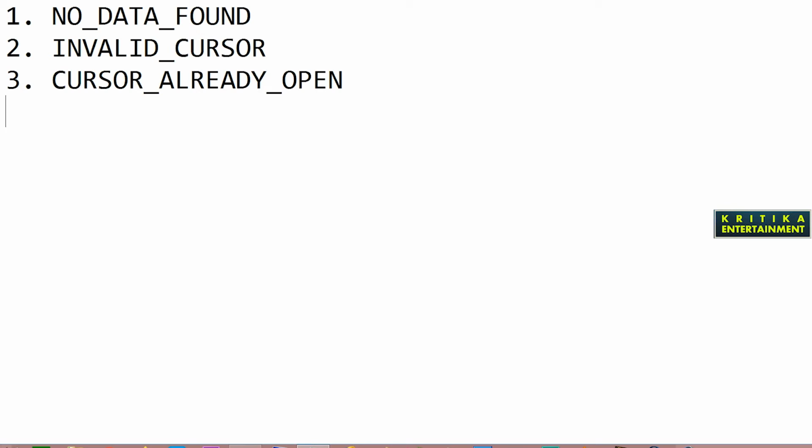Then after two lines, if you write open C1 again, at that time one exception will be generated, which is called cursor already open. To handle this exception, you can use this predefined, system defined exception. Then fourth is invalid number.